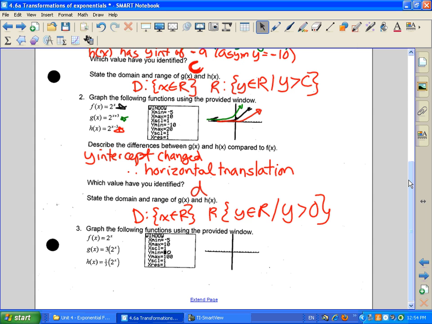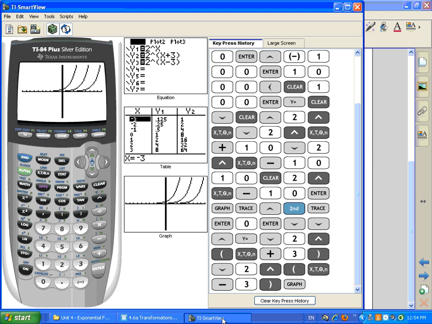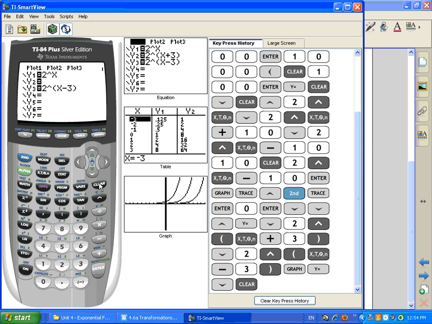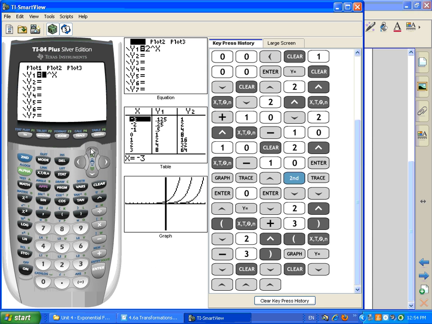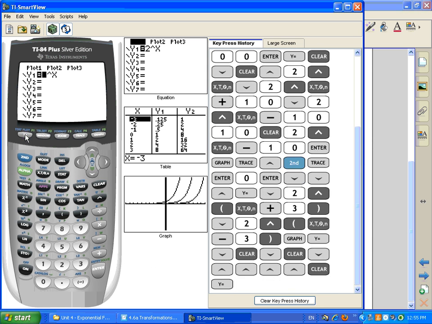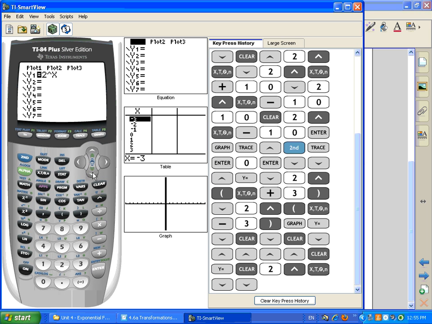Now we got to deal with some other aspects that can affect transformations. So let's go to our graphing calculator and plug these ones in, folks. Okay, go to y equals, clear it out. Here we go. So the first graph we need, oh, I guess I didn't need to erase that, my fault. My graph's doing funny things for me on my smartboard, so I apologize.